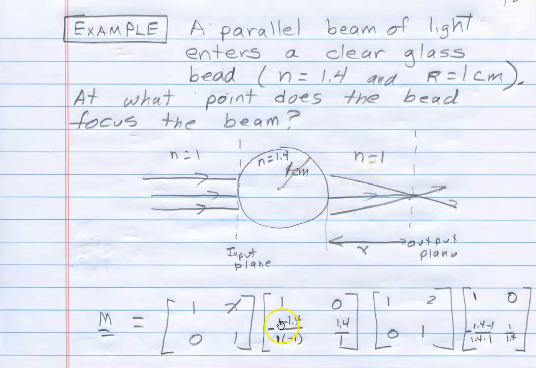N2 is 1. N1 on this side, as I go from this side to this one, is 1.4. And then n2 is 1. So I get n1, which is 1.4 over 1 here. And then finally I have to translate this distance x again with the translation matrix.